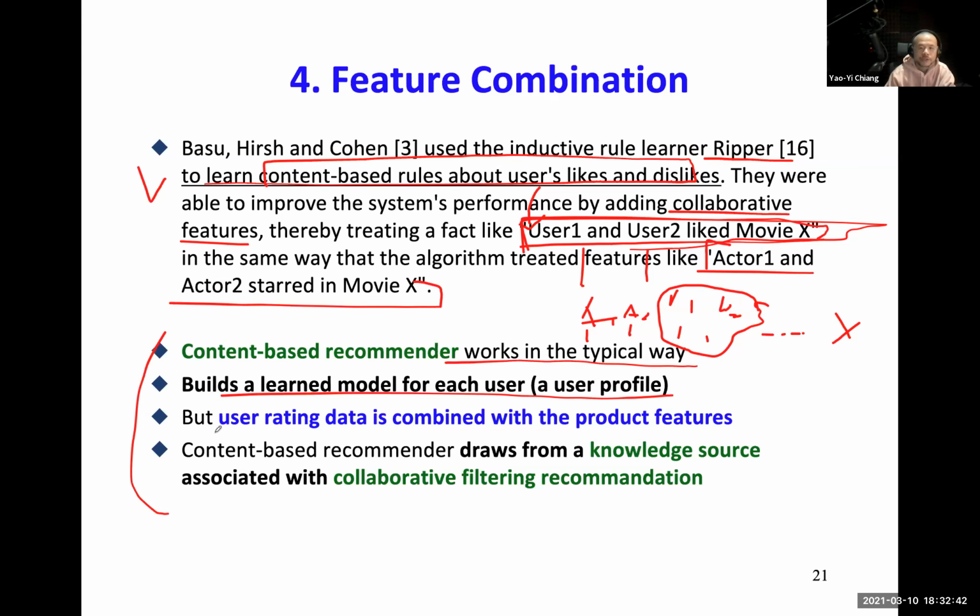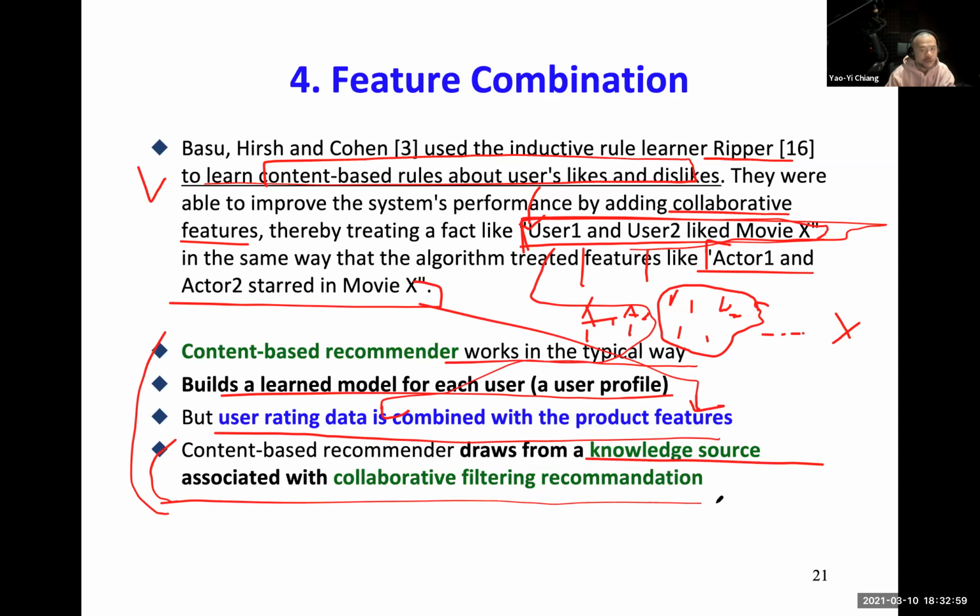And here user rating data is combined with the product feature like this. And this, right, this is the product feature. So the content-based recommendation draws from a knowledge source associated with collaborative filtering techniques. So sometimes this can be very useful. So this is feature combination, combining different types of knowledge sources.